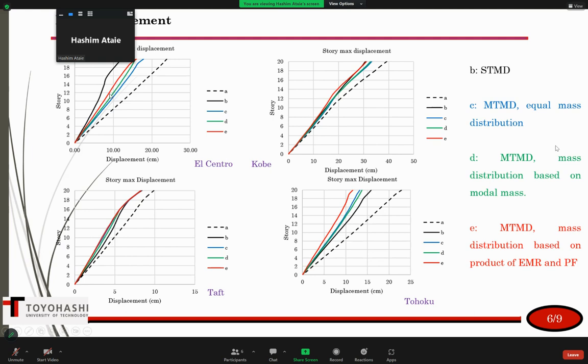In the central case also, if we compare the multi TMD cases, the third method is better than the other two methods, but only a little larger than single TMD.